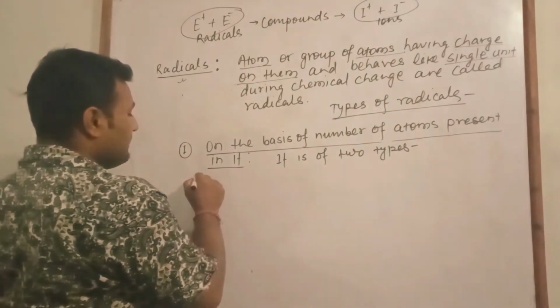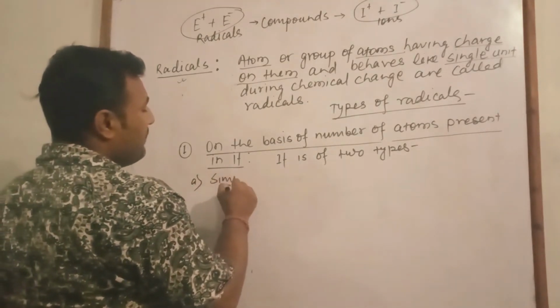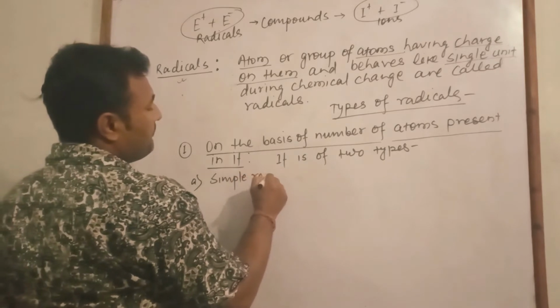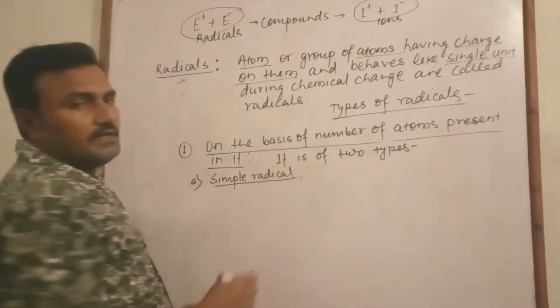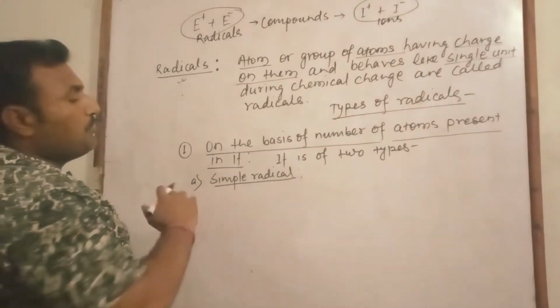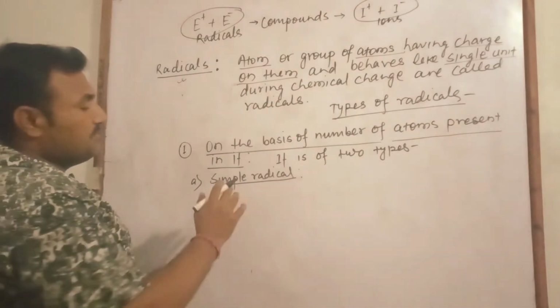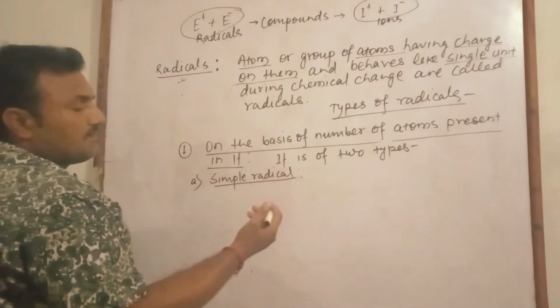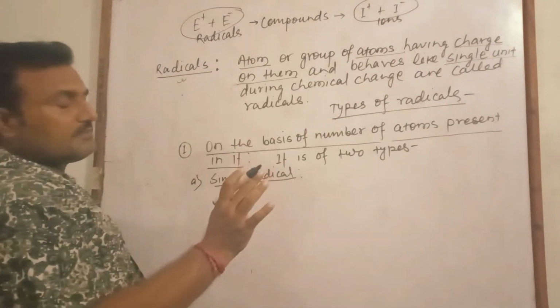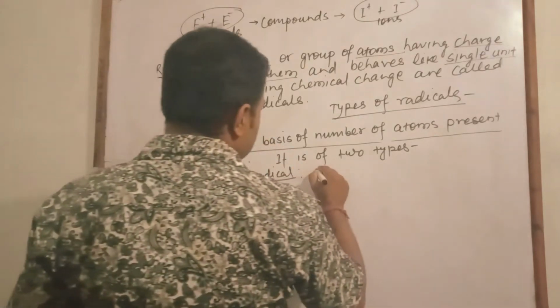What are these? At first, simple radicals. The radicals which are made up of a single atom, only one atom, are called simple radicals.